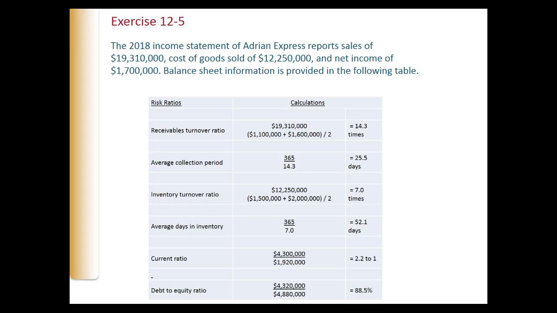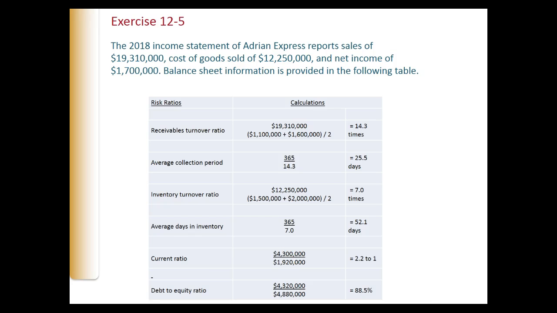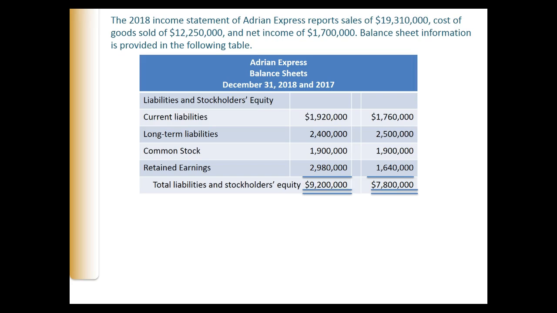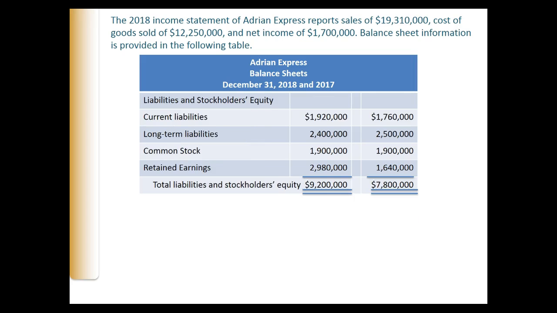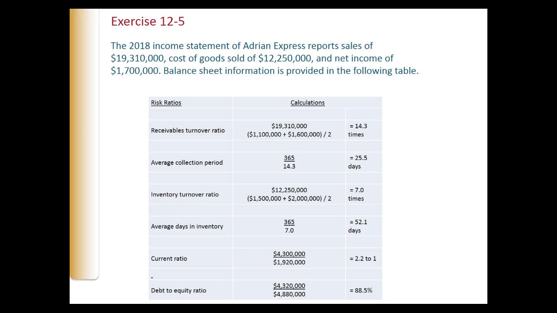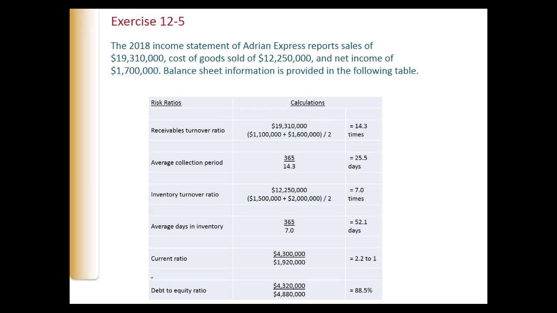So as you see here, I want you to feel free to go back and forth. The receivables turnover ratio will take the sales of $19,310,000 and divide that by the average accounts receivable: we take the beginning accounts receivable, the ending accounts receivable, and divide that by 2.